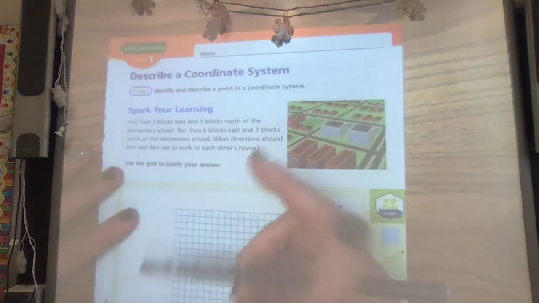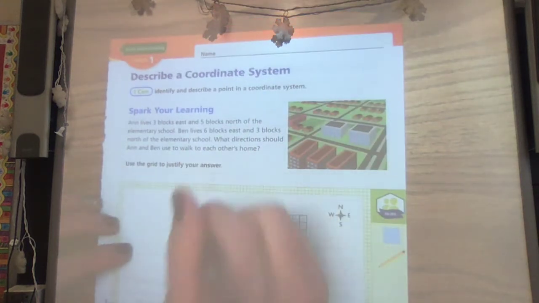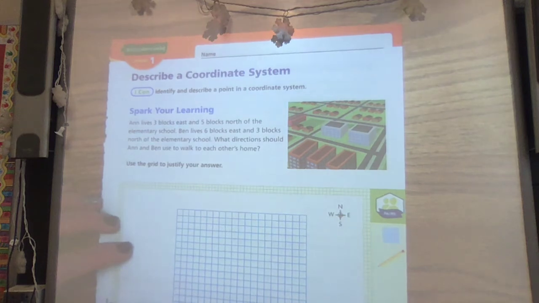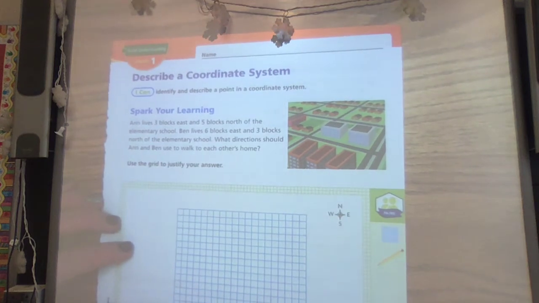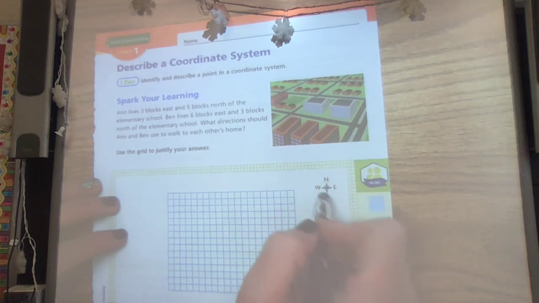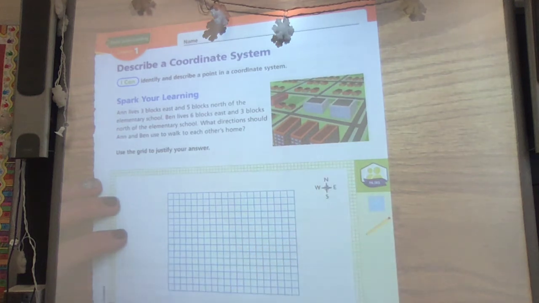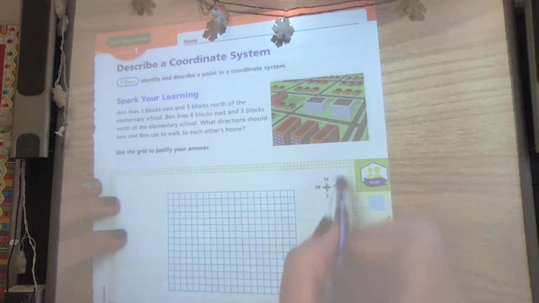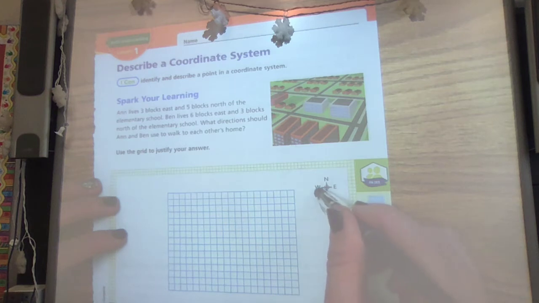We talked about them a lot with weather. When we were tracking hurricanes, we had coordinates, how west or north a hurricane was moving. When you ride on an airplane, they're looking at those coordinates. You know, the whole world has coordinates. And we are going to use these cardinal directions: north, east, south, and west.